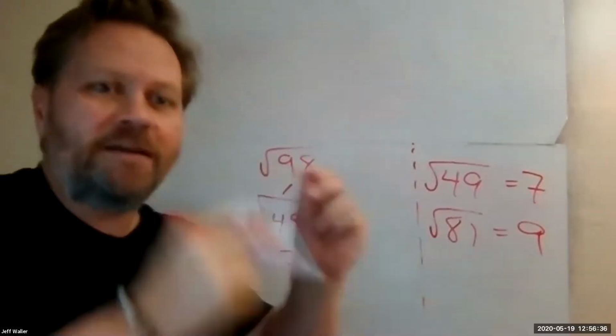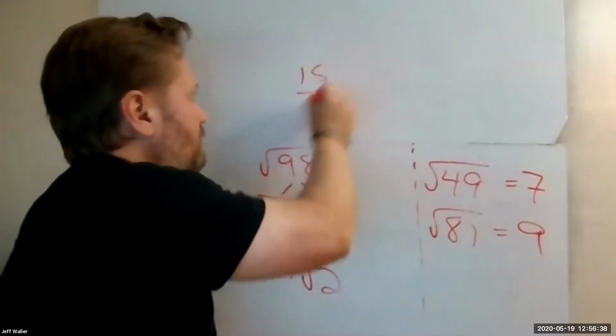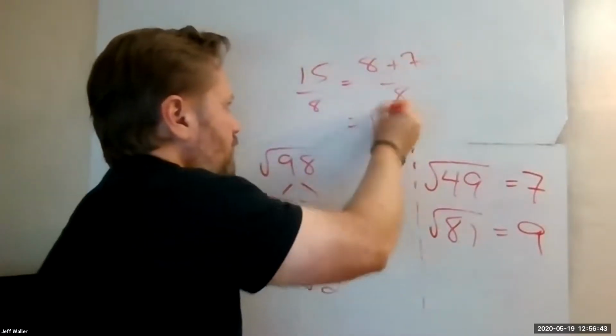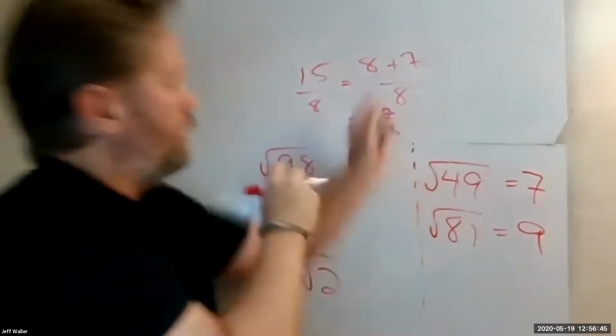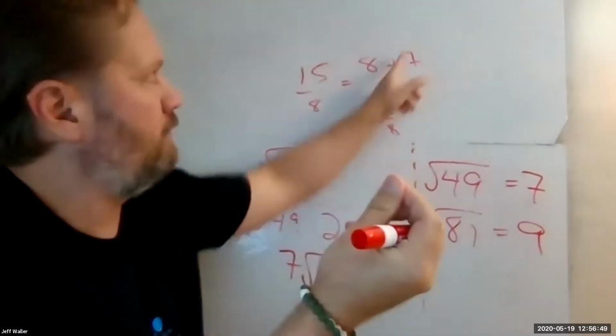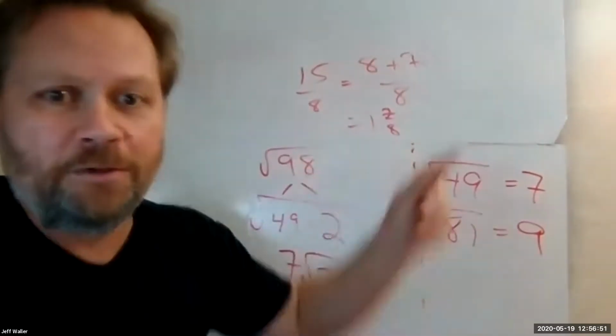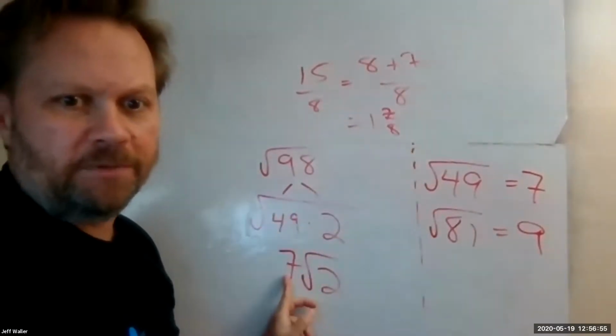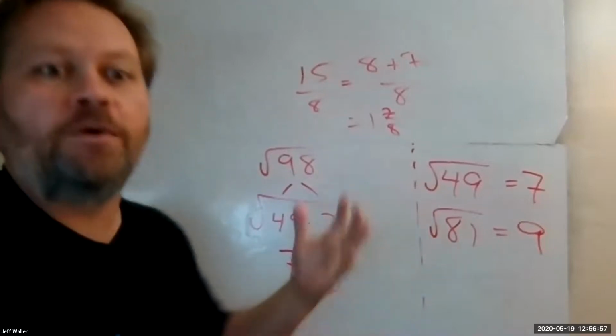And again, do you guys get? I keep coming back to this. I know I do. And you guys are like, good Lord, Jeff, just stop that. But look, 8 divided by 8, I could do. It became a whole number. 7 divided by 8, I can't do. So it stays. 49, I could do. It becomes a whole number. Square root of 2, I can't do. So it stays.